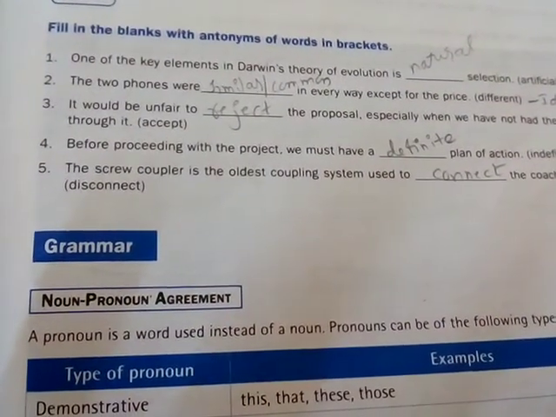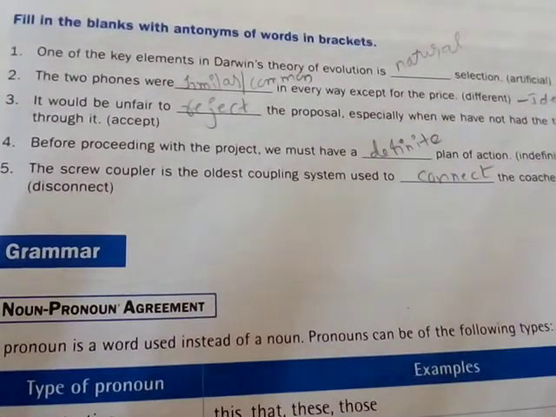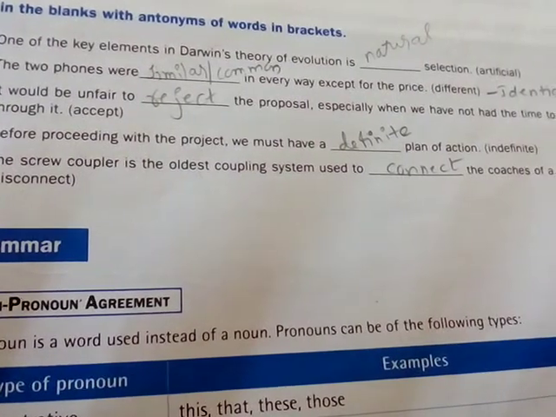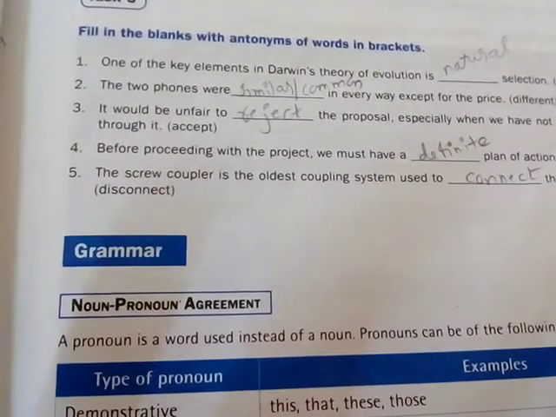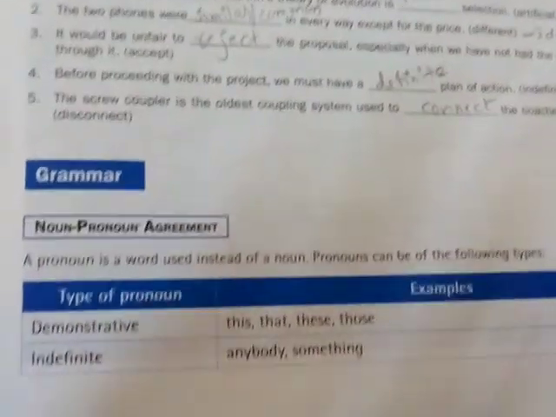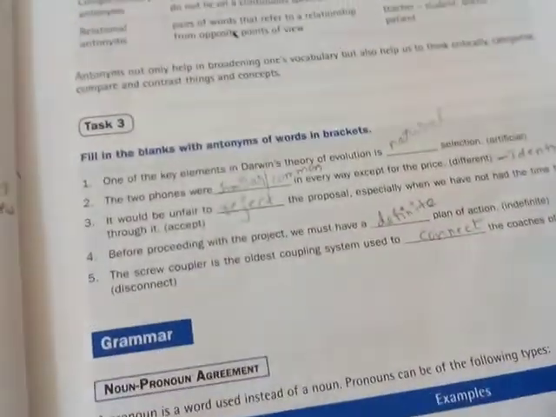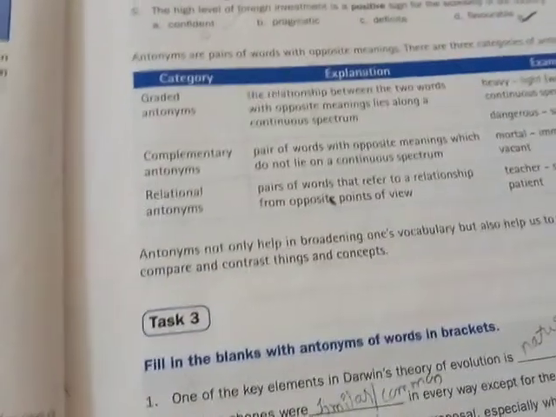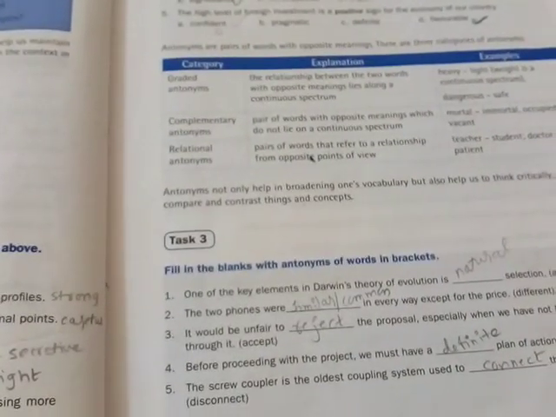The screw coupler is the oldest coupling system used to dash the coaches of a train. Disconnect, the opposite word of disconnect is connect. So this is how antonyms work: three kinds of antonyms, graded, complementary, relational, and fill in the blanks with appropriate antonyms.